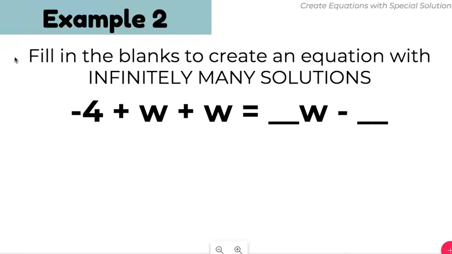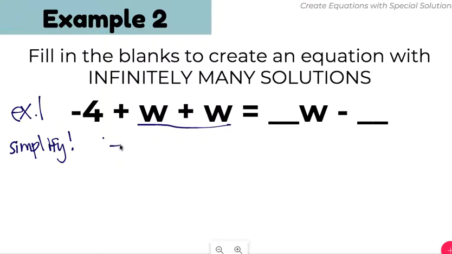Let's look at another. Don't copy the instructions. Just write example 1 and copy the example. So now in this case, we do have some simplifying to do. So before I start filling in any blanks, I'm going to simplify. Okay, so simplify first. I have a w plus a w.